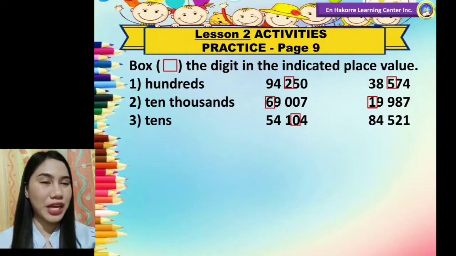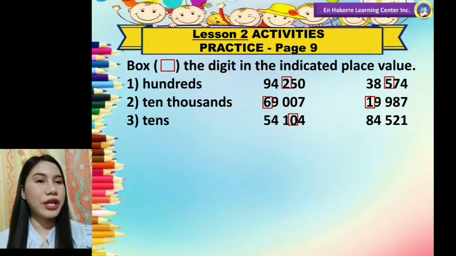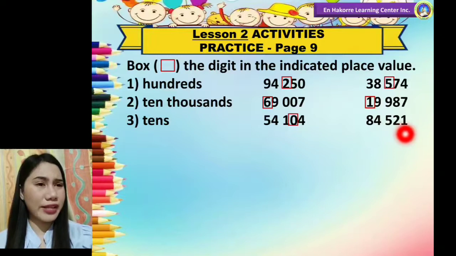Now, let's proceed here with the other number. Here we have another example, 84,521. So, let's try to find out where can we see the tens place. So, here we have ones, tens.